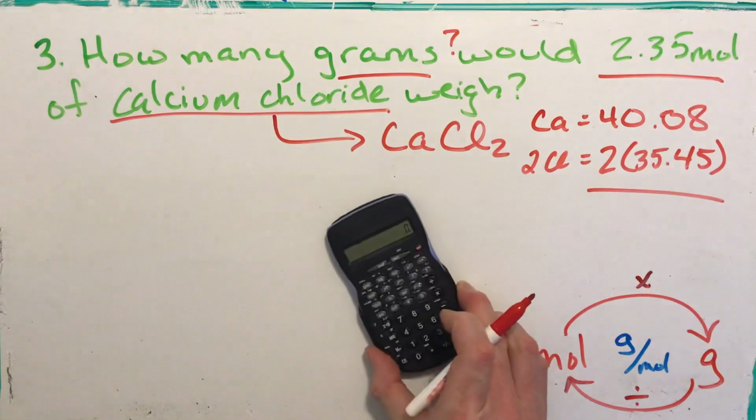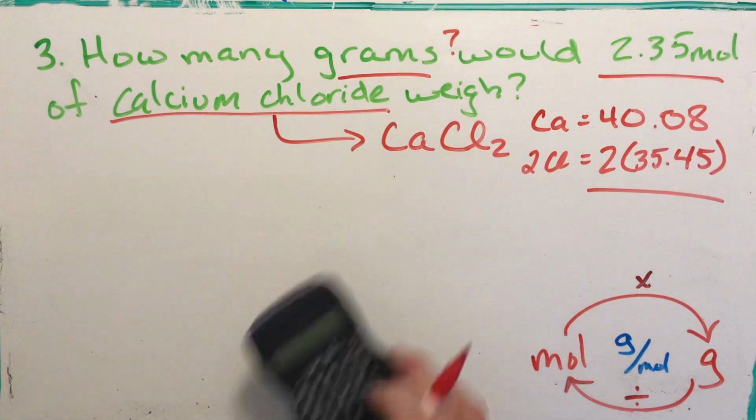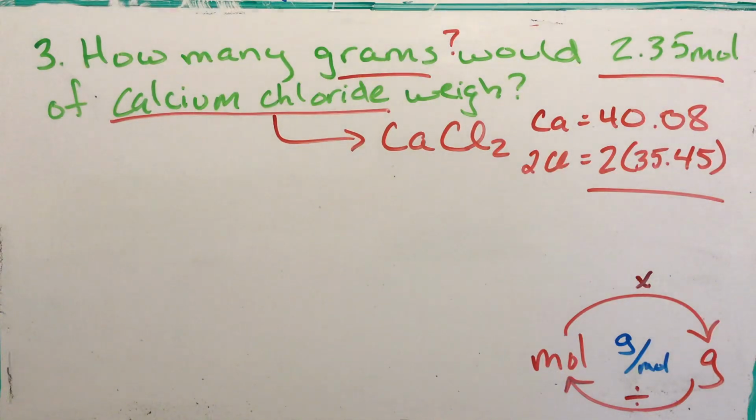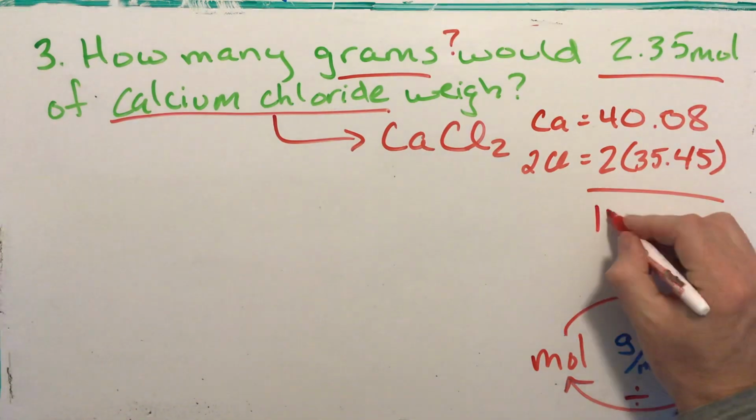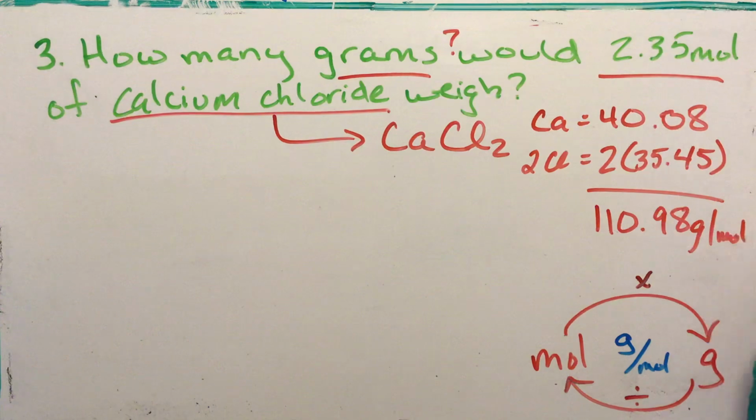Here's my calculator today. Purchased from Dollarama, one of the best stores on earth. And to do that, I simply take 40.08 and I add it to the two chlorines. 110.98 grams per mole. All right.